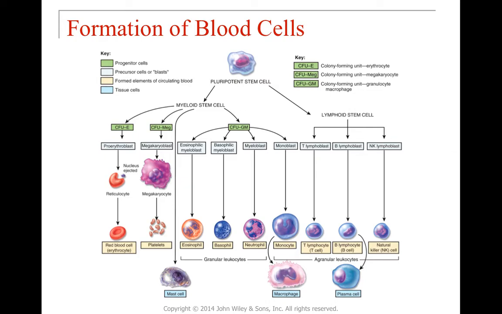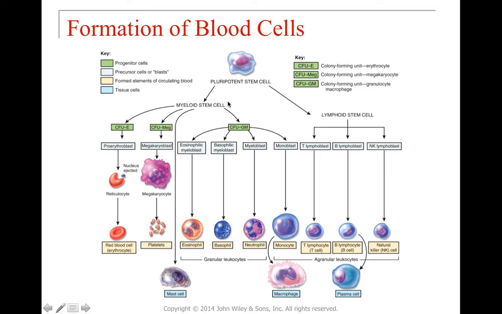One of the first decisions that it's going to have to make is whether it's going to enter into the myeloid stem cell line or the lymphoid stem cell line, right? If it's going in the myeloid stem cell line, then it has another differentiating decision to make. It's either going to go down the erythrocyte pathway, the megakaryocyte pathway, or in this case, it's going to become the mast cells, right?